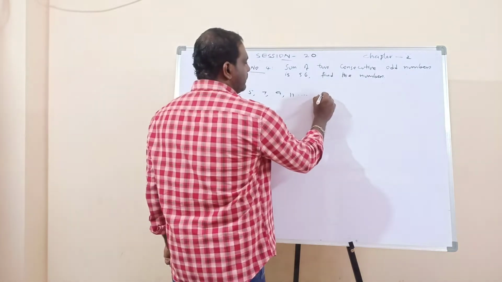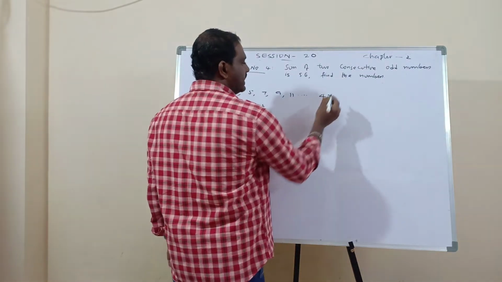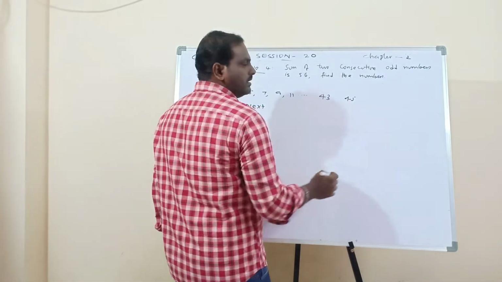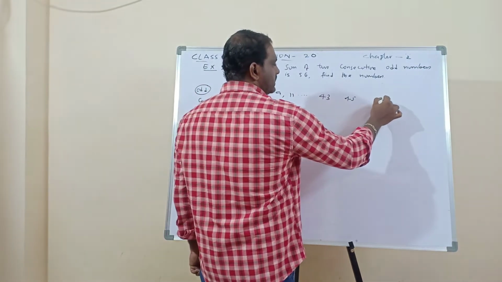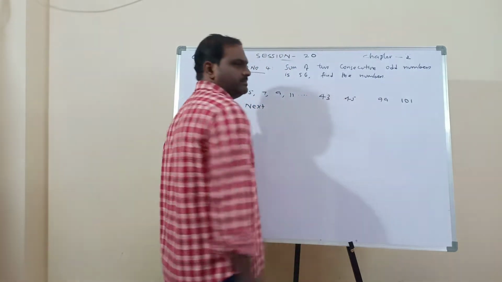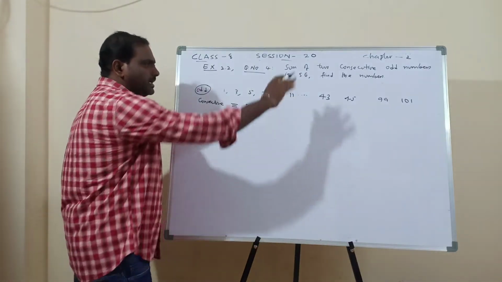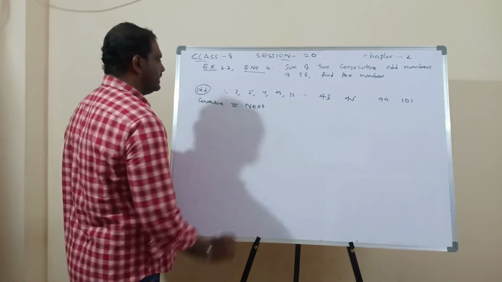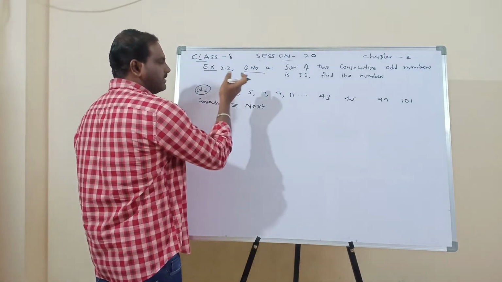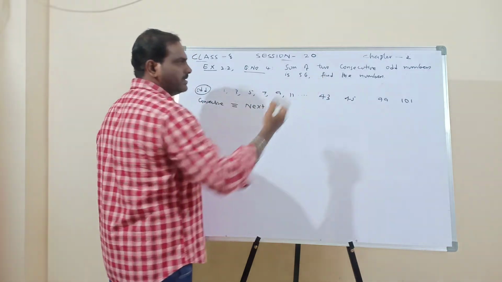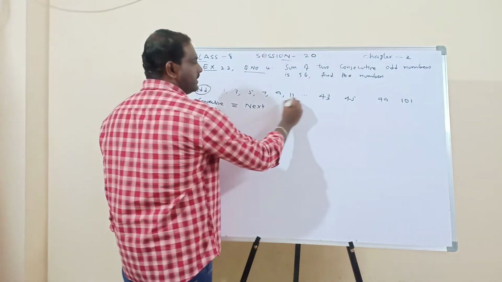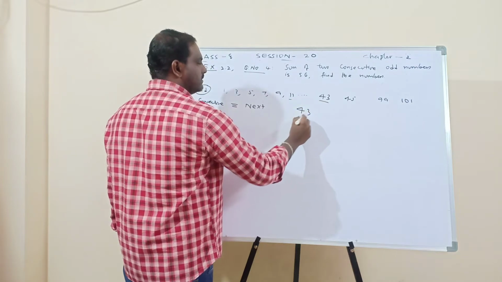For example, for 43, what is the next consecutive odd number? 45. For 99, what is the next consecutive odd number? Yes, it is 101. Here the trick is that we don't know whether it is 3 or 5 or 7 or 11 or 43.